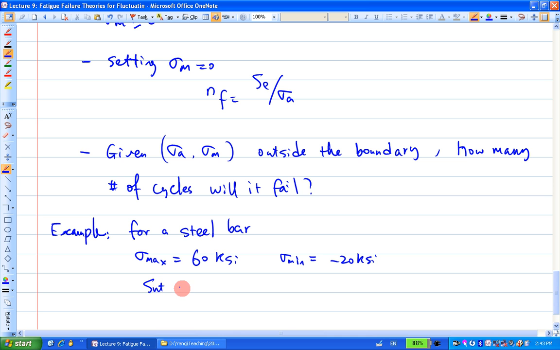For the material, SUT is 80 ksi, SYT is 65 ksi.